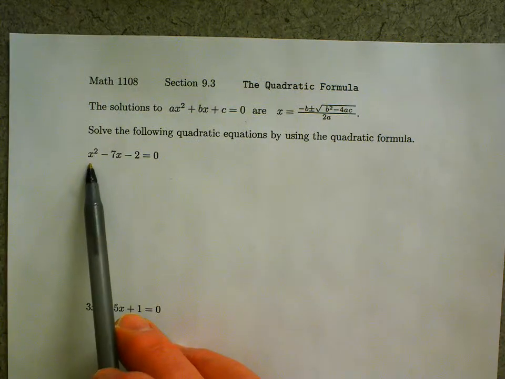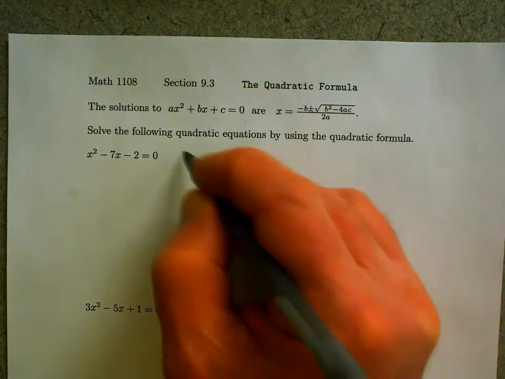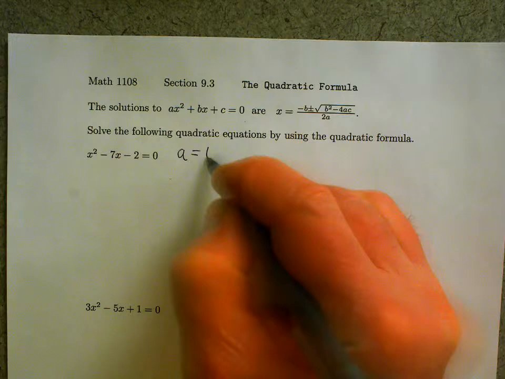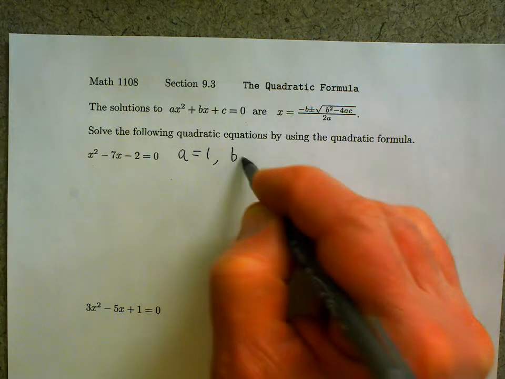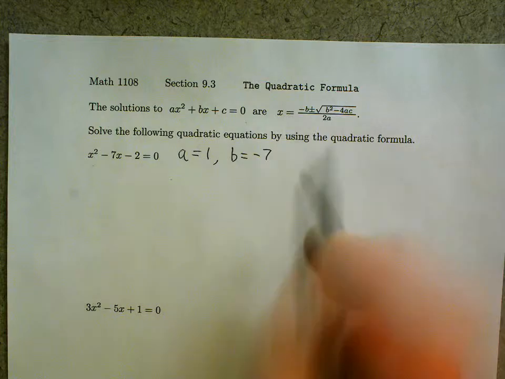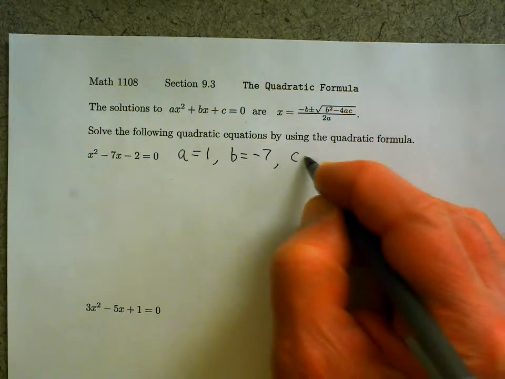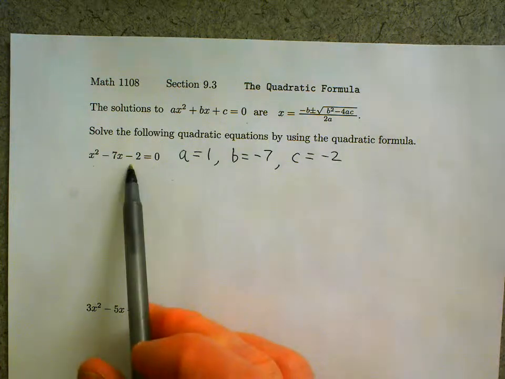Okay, so for this one, x squared minus 7x minus 2, the value of a is 1. That's the coefficient of x squared. b is negative 7. That's the coefficient of x. c is negative 2. That's the constant, the minus 2.